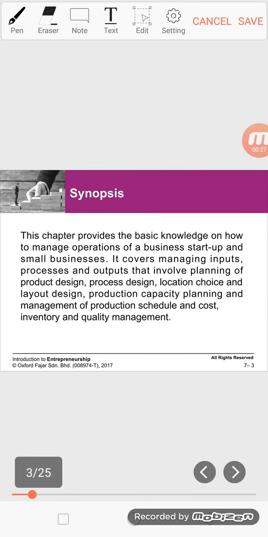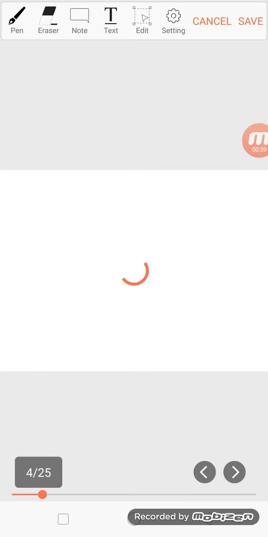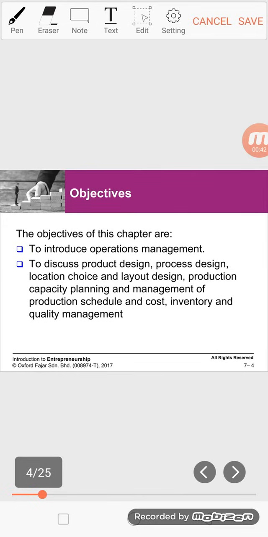Basically it's operational management, on how to manage whatever you have, all your assets or all your liabilities, and we're going to look at a few elements of operational management. These are the objectives: to introduce to you what operation management is and to discuss a few components of it.